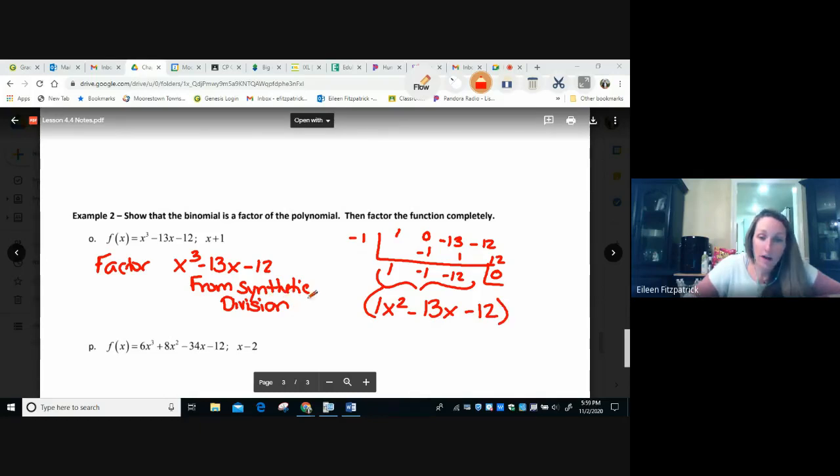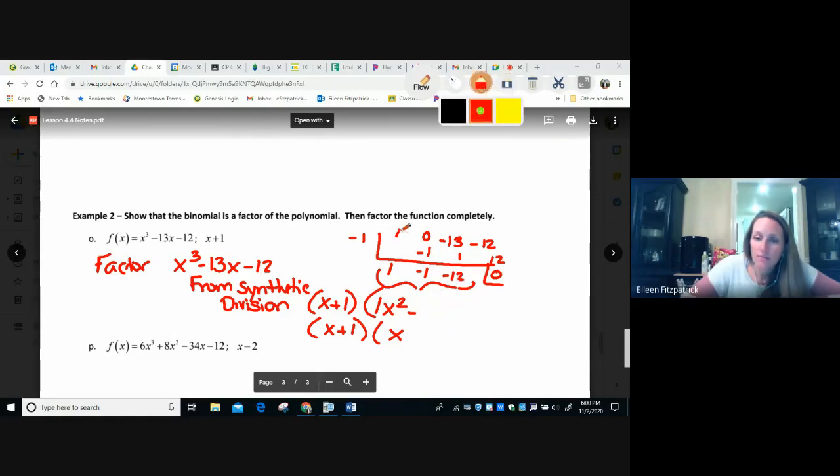When you divide by x plus 1, that means x plus 1 times this polynomial will give me the original, and then I can break the trinomial down into factors with two numbers that multiply to 12 and add to a negative 13. Oops, sorry, I'm writing the wrong number down. I have a copy error.